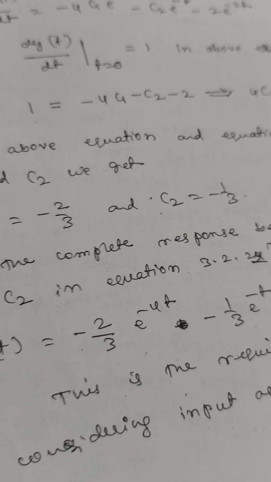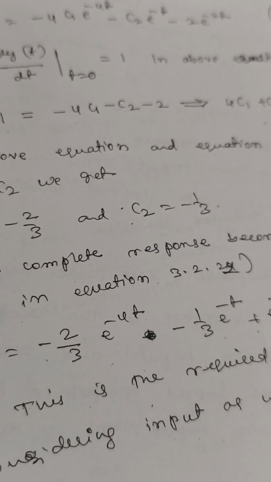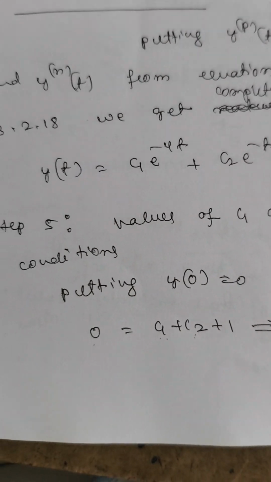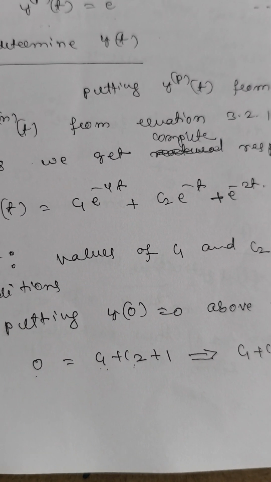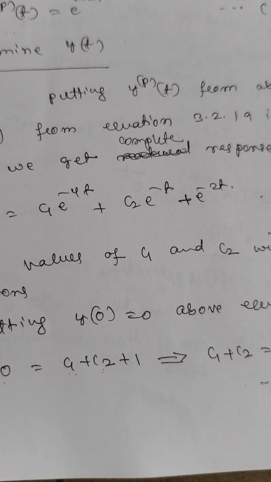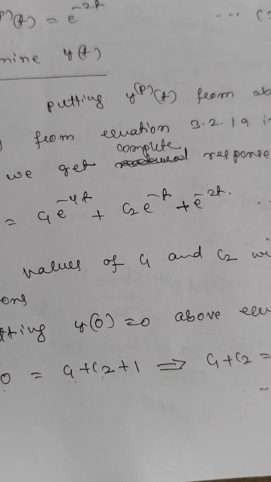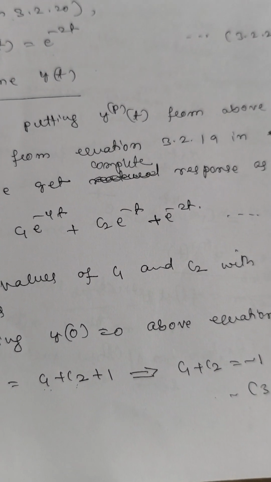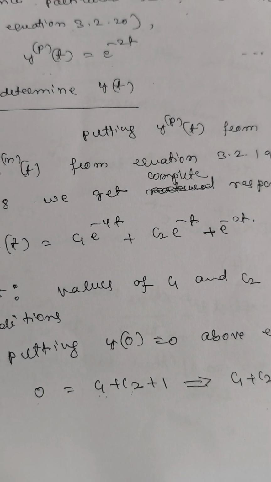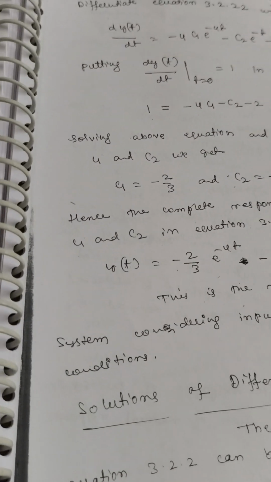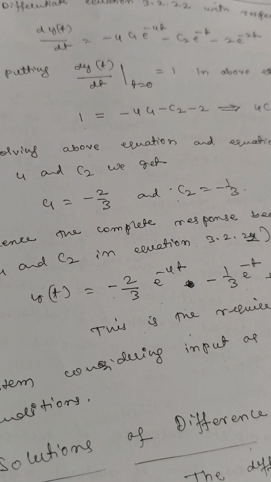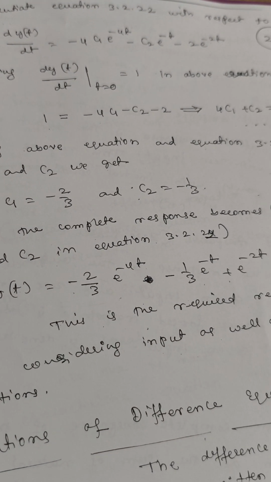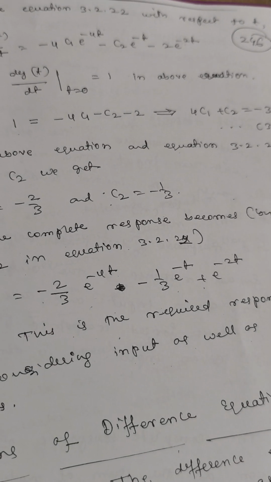Substitute these values in the complete response y of t equal to c1 e raised to minus 4t plus c2 e raised to minus t plus e raised to minus 2t. Here c1 is minus 2 by 3 e raised to minus 4t, and c2 is minus 1 by 3 e raised to minus t.